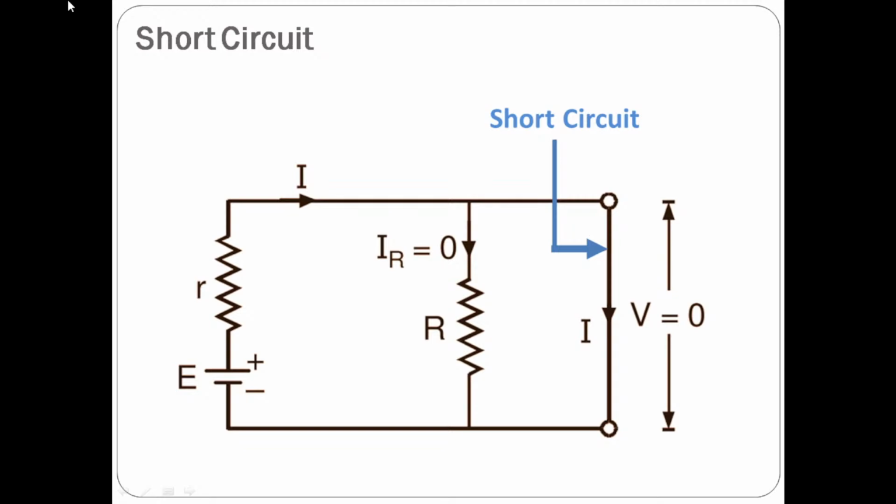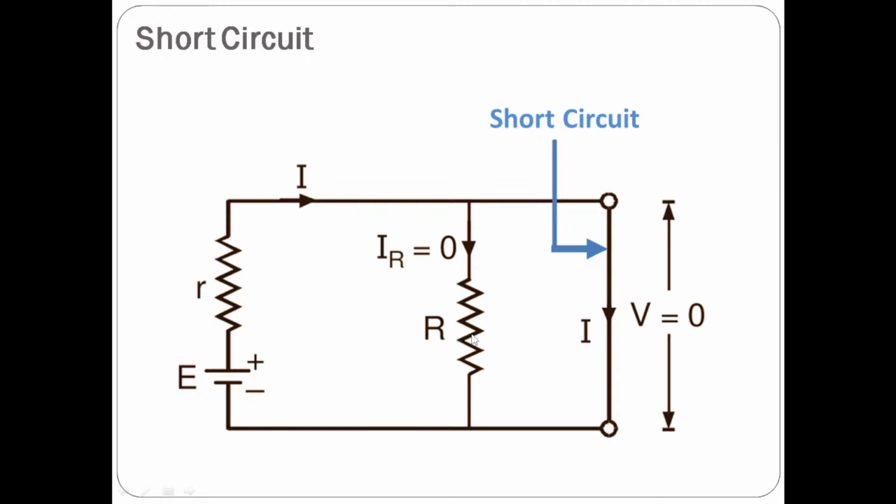You can see a circuit here: there is a voltage source, a resistor, and another resistor, and you can see a solid line across this resistor R. When two points of a network are joined directly to each other with a thick metallic conductor, that is known as a short circuit.